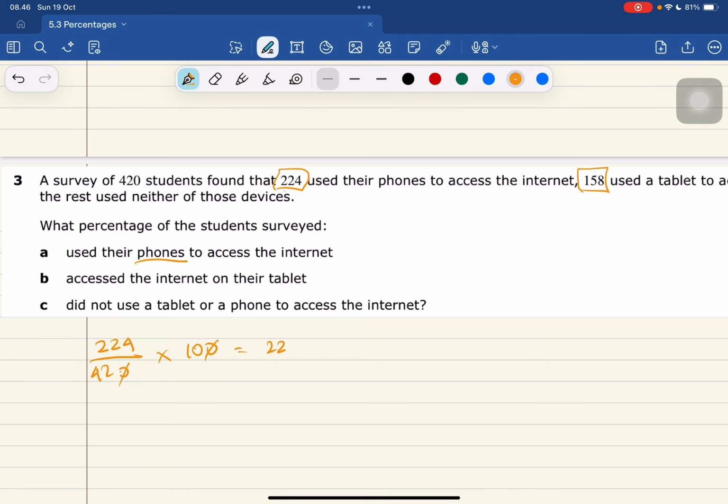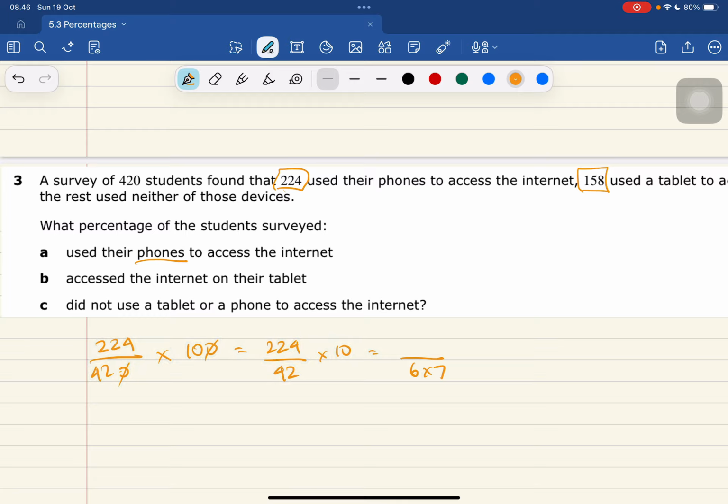So we got 224 over 42 times 10. 42 we can simplify, so this is going to be 6 times 7.